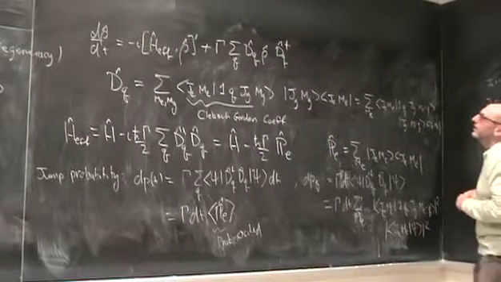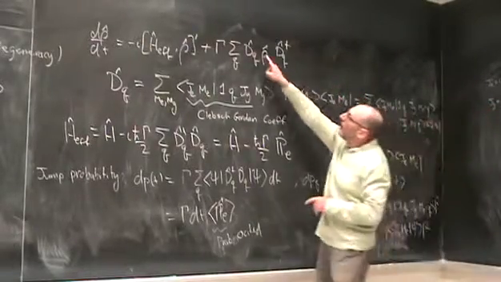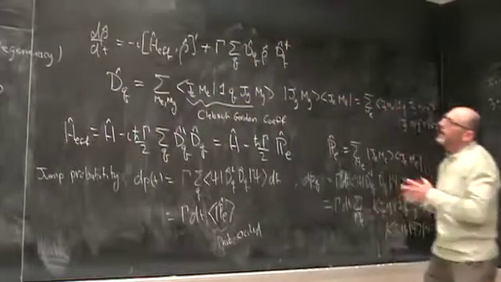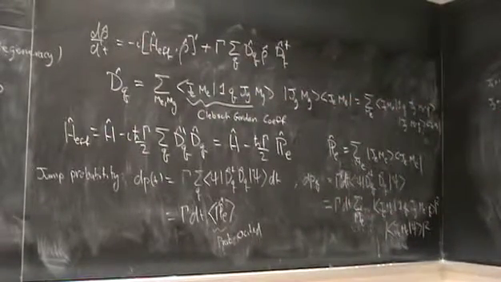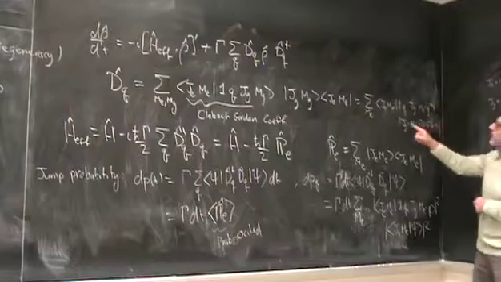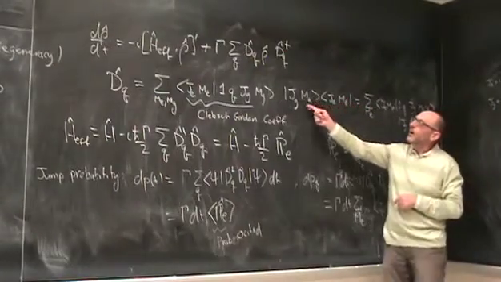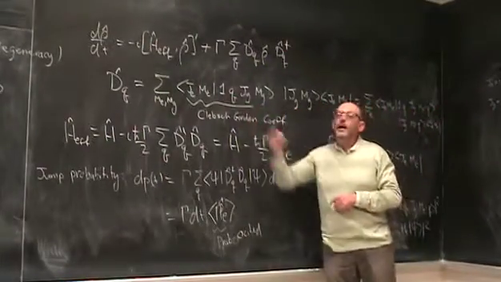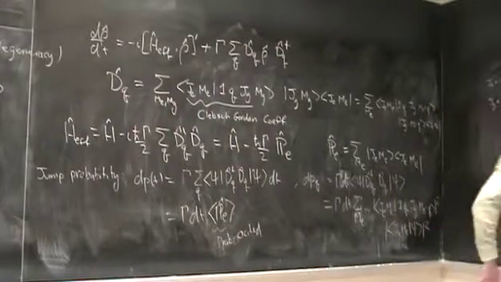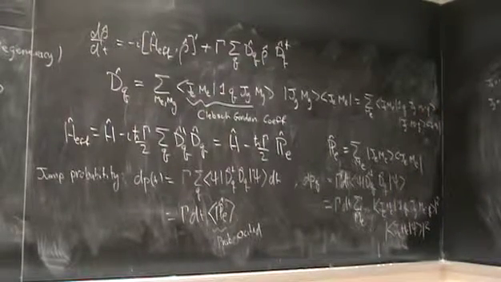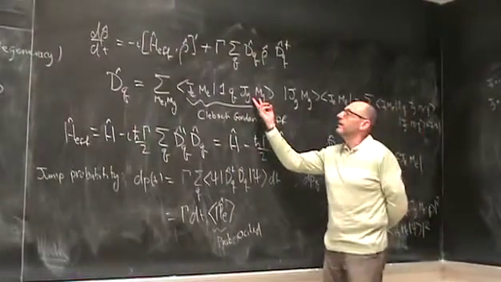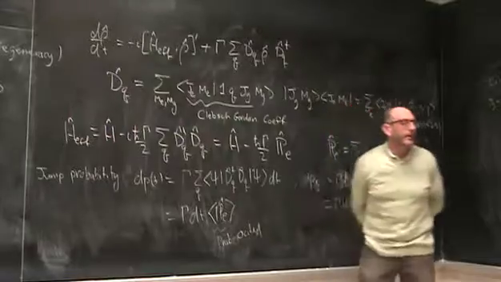These jump operators, scaled relative to the total spontaneous emission rate, gamma, take me from the excited state to a ground state, weighted by the Clebsch-Gordan coefficient that describes the conservation of angular momentum going from that level to that level, okay, or vice versa.